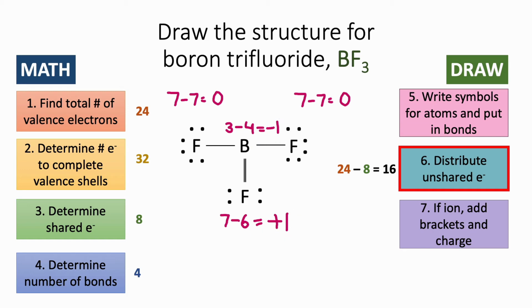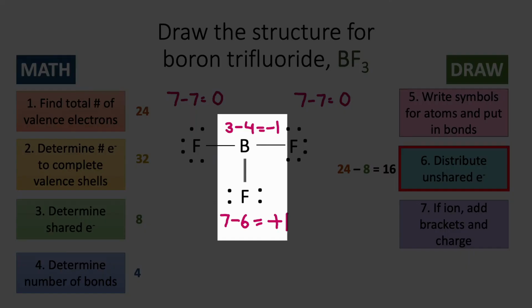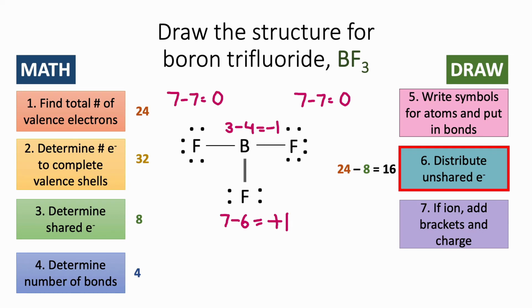So what can we do? Well, let's look at these 2 elements that have non-zero formal charges. And what we're going to do, let's fix them. I'm going to take this second pair of electrons that forms the second bond, and I'm going to turn it into unshared electrons on fluorine. And now let's recalculate the formal charges.